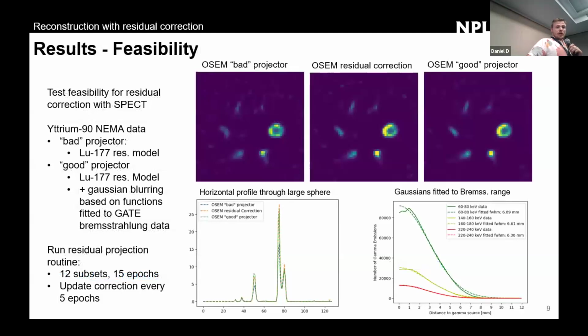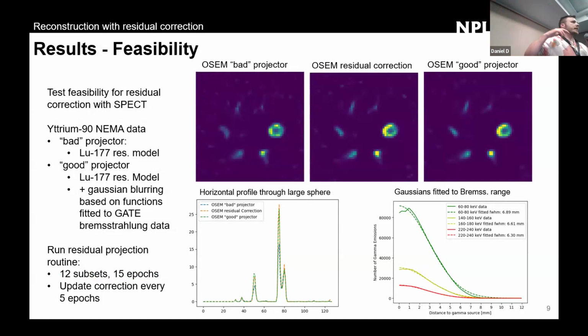Initially we did a quick feasibility test. This was with yttrium-90 data, using a lutetium resolution model as a bad projector, and then as what we call a good projector, using the same lutetium resolution model but adding a Gaussian blurring, based on Gaussians that were fitted to Bremsstrahlung range data from GATE.